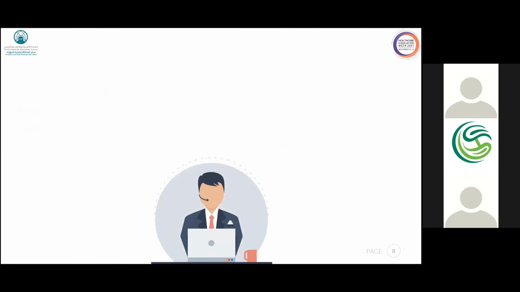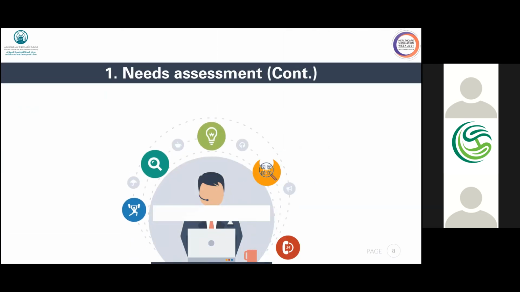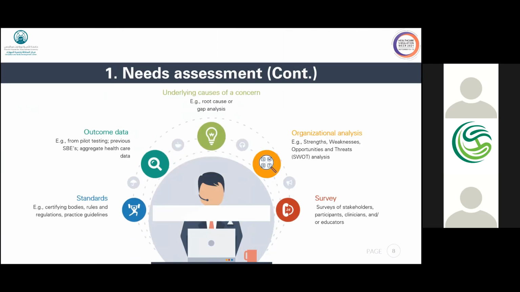There are several methods you can use to do the needs assessment. You can do a root cause or gap analysis. An example: if you are looking at an undergraduate curriculum, you will find that some objectives or outcomes can be targeted with methods other than simulation scenarios or simulation education.